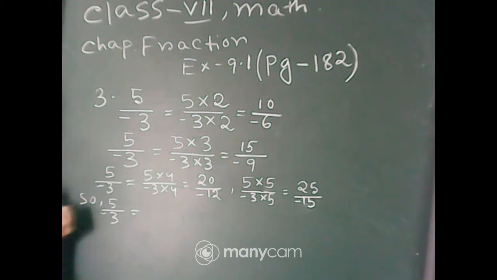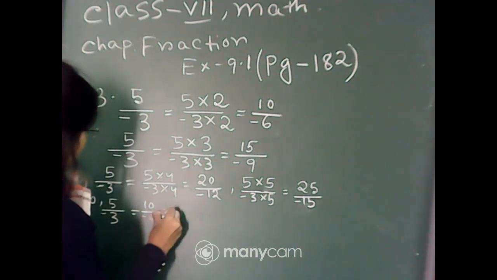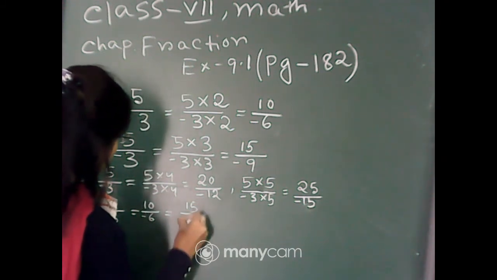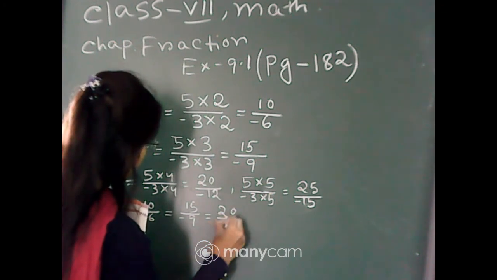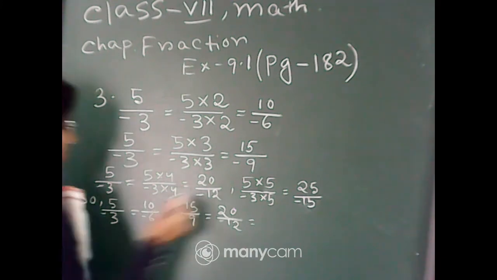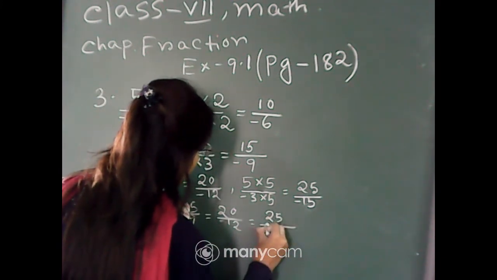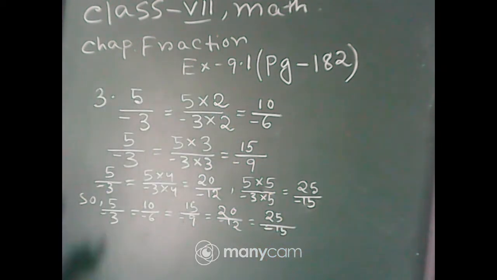So, 5 divided by minus 3 is equal to 10 divided by minus 6, is equal to 15 divided by minus 9, is equal to 20 divided by minus 12, and this is equal to 25 divided by minus 15, since each number is equal to 5 divided by minus 3.